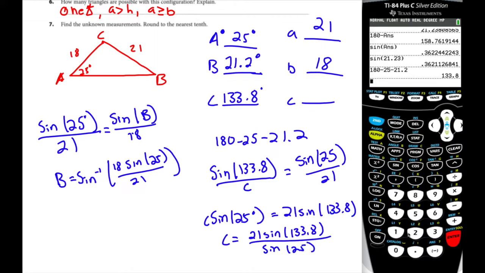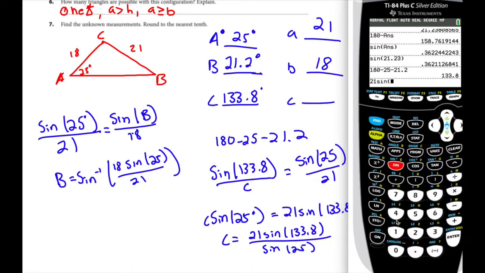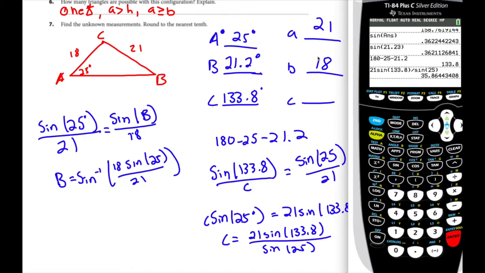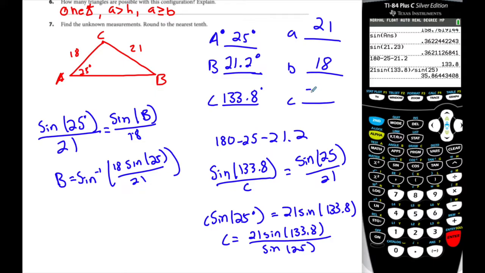So what is that? 21 times the sine of 133.8 over the sine of 25, and that is about 35.9 units.